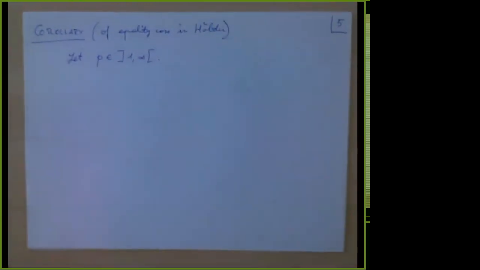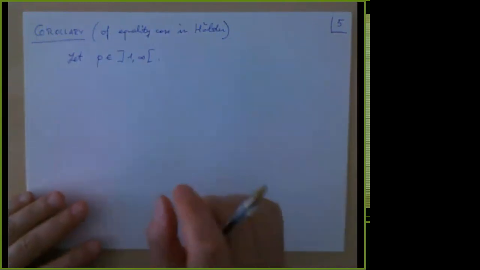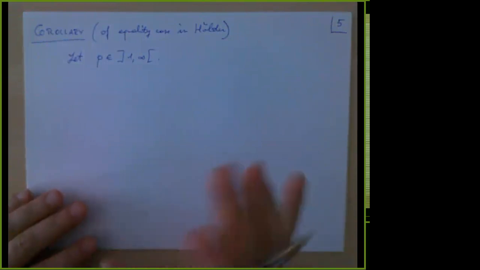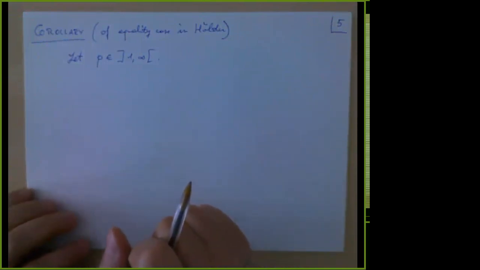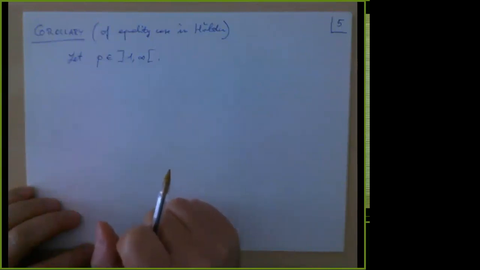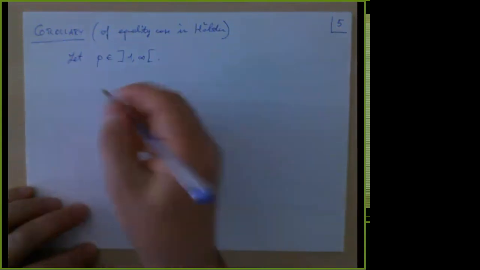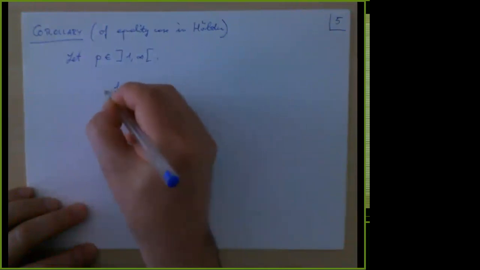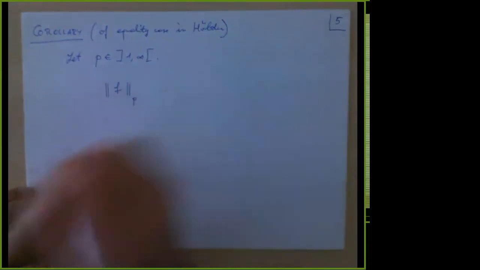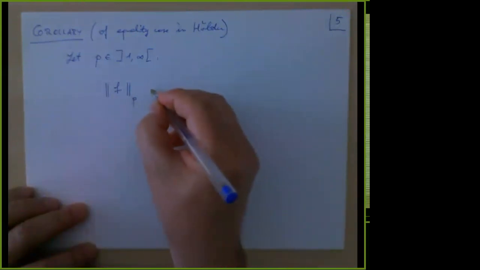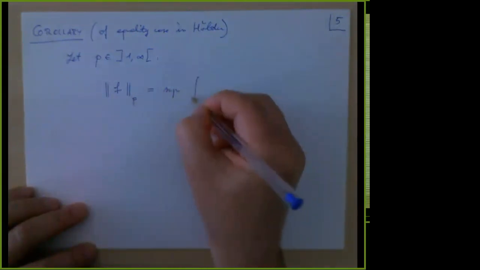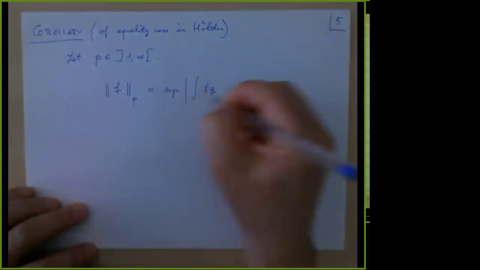If you happen to have already seen the Lebesgue integral, you use the notions of Lebesgue integrability. If not, if you have only seen the Riemann one, take this with a little bit of suspicion, in the sense that the calculations, if we only consider the Riemann integral, are only slightly formal. In any case, the claim is the following: if we take a function f, the P norm can be written as the supremum of the integral of fg, written like this.